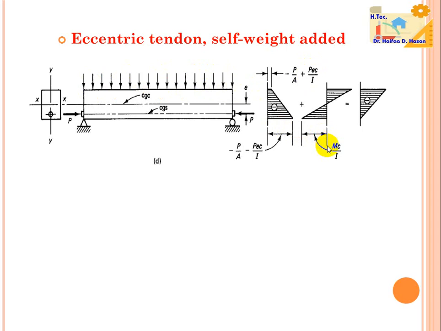Due to adding self-weight, the stress is equal to MC over I, where M is the self-weight moment. We can also see that self-weight makes stresses in the top fiber negative and in the bottom fiber positive due to tension.